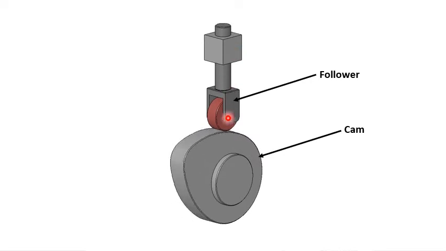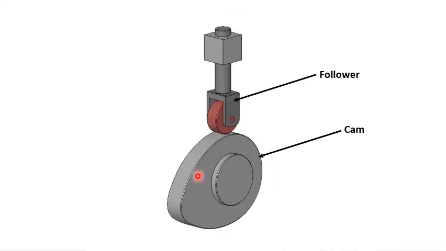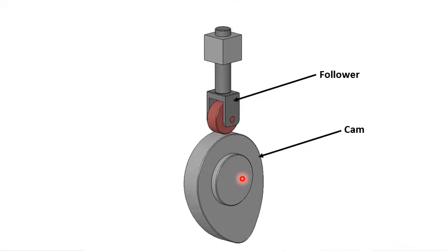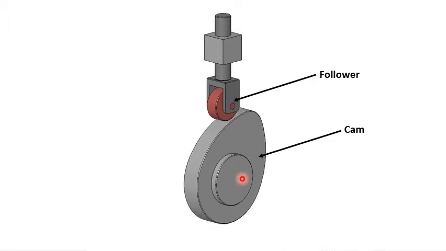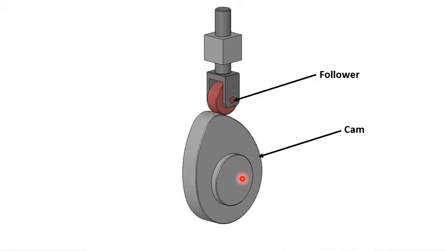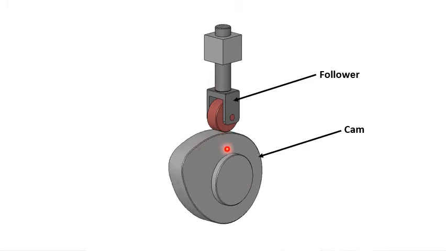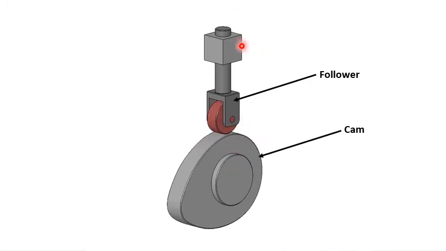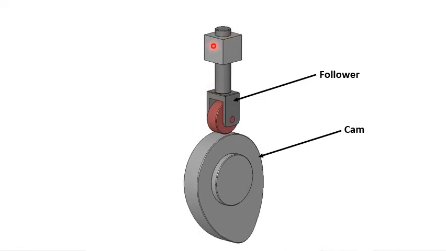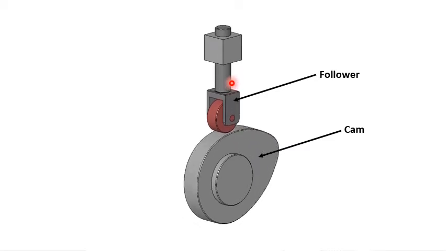Inside this fixed guide, it is oscillating due to the rotation of this cam. The direct contact between cam and follower is always maintained with the help of spring force and self weight of the follower. In order to maintain the contact between these two elements, we use a secondary element called the spring, and due to the self weight of this follower, the contact between the two elements is maintained.